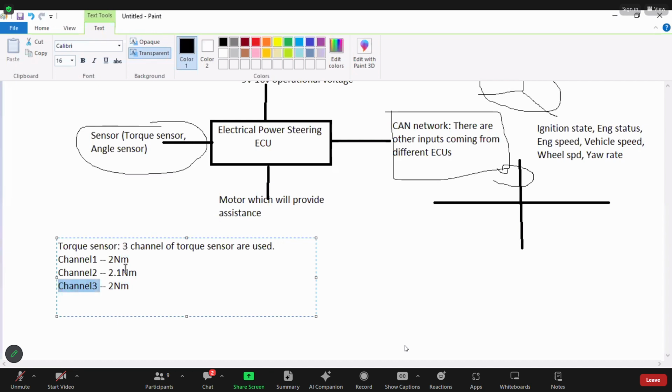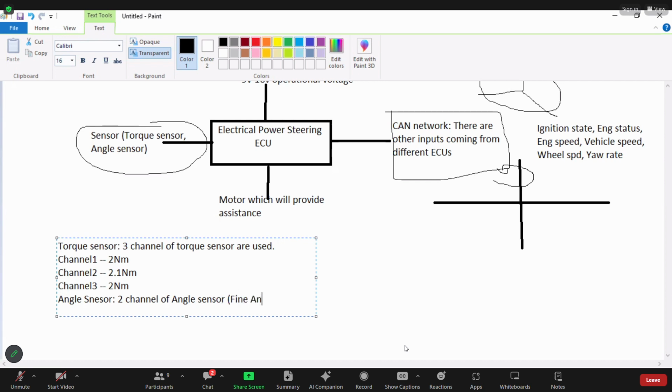Guys, are you understanding this? Yes, sir. Now the angle sensor. 2 channels of the angle sensor are used: coarse and fine.